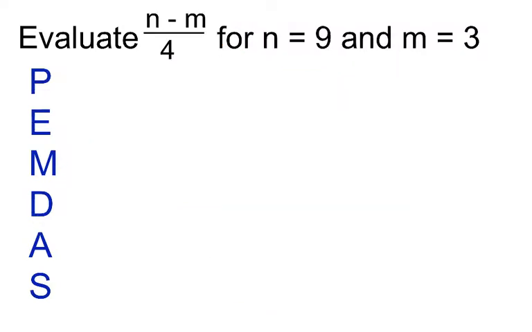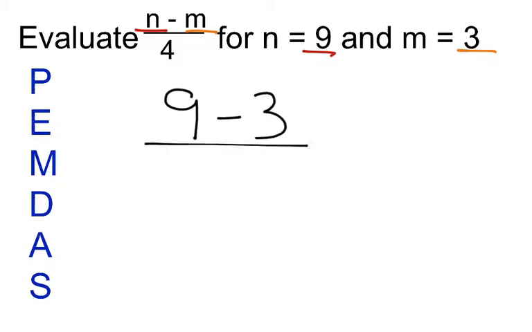Again, another one that connects with order of operations. So we're going to plug in 9 for n and 3 for m. So I'm going to rewrite the expression. Always rewrite the expression. 9 minus 3 divided by 4. And remember from previous tutorials, order of operations, there's imaginary parentheses here.